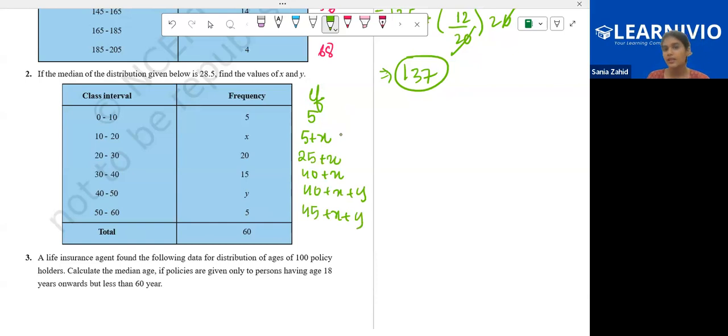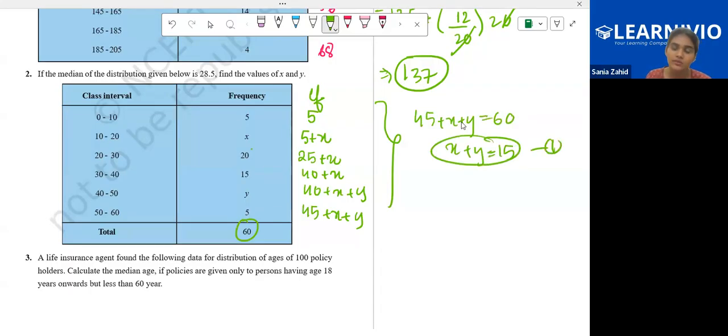Exactly. Right. So first equation, how can I make it? I know the total frequency is 60. So you add all of them, you get 45 plus x plus y, and that gives you 60. So x plus y is equal to 60 minus 45, so 15. This is your first equation.